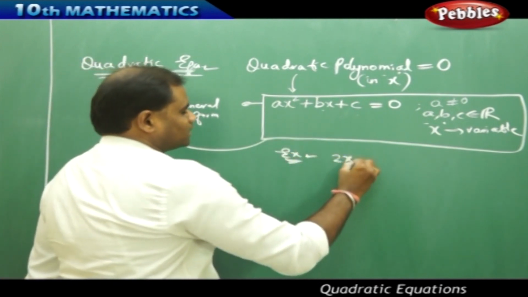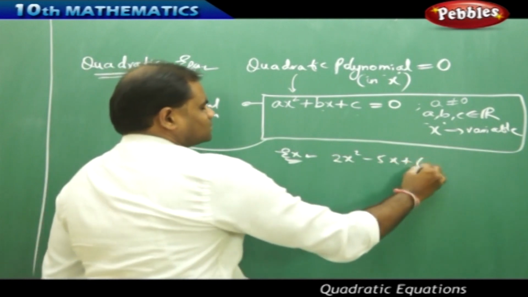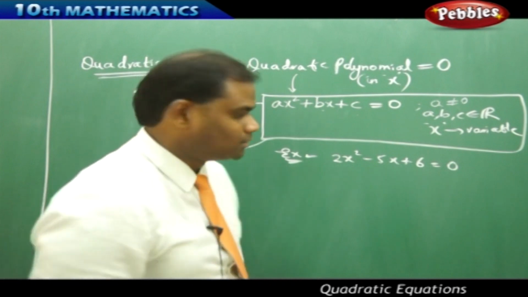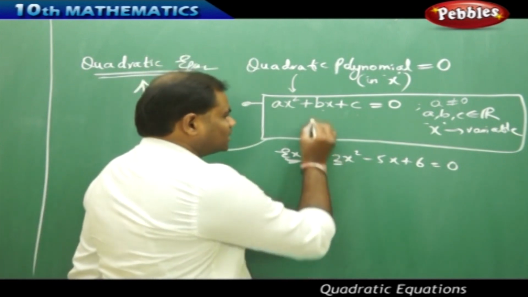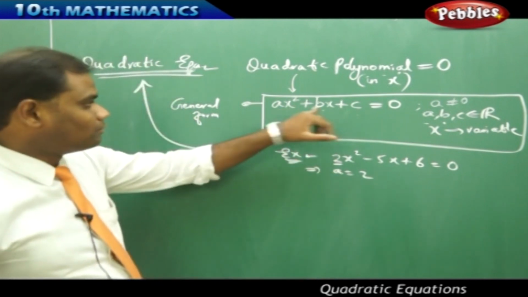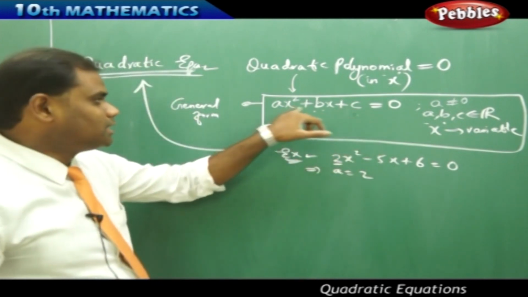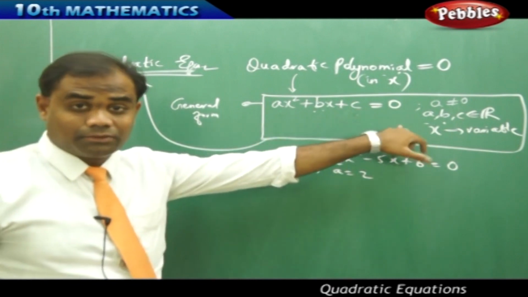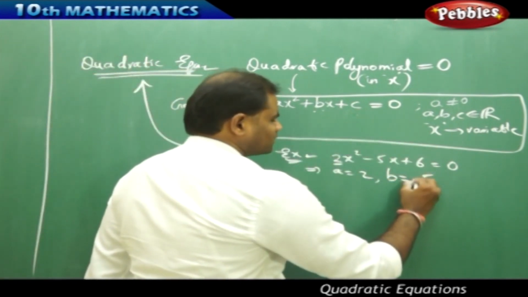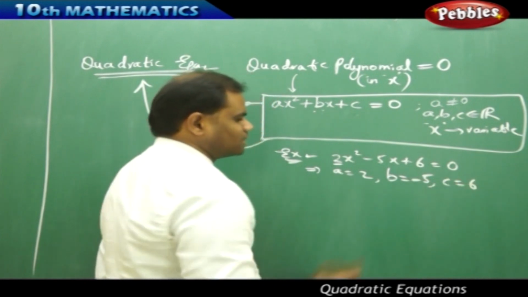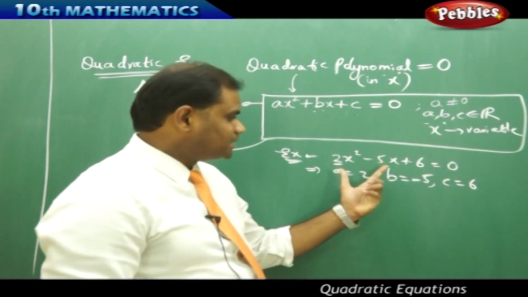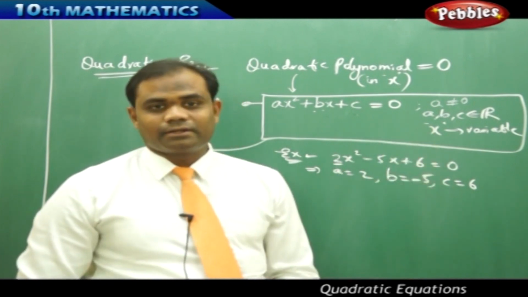To start, 2x squared minus 5x plus 6 equal to 0 is an example of a quadratic equation, where the value of a is 2, because I compare this with the standard form ax squared plus bx plus c equal to 0. Then b is minus 5 and c is 6, and the variable is x. So this is clearly an example of a quadratic equation.